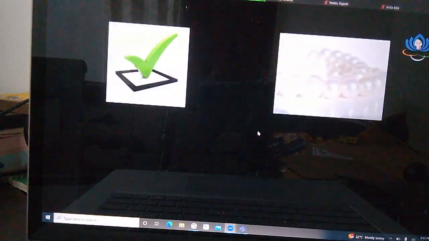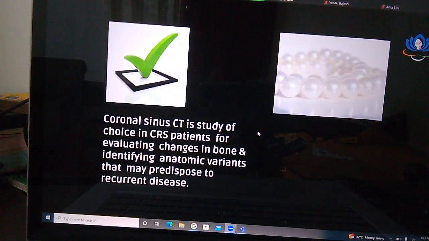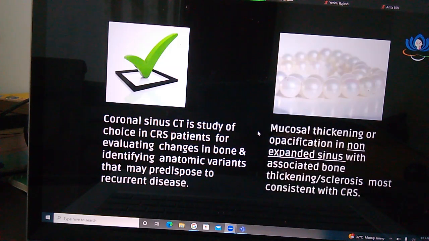The point to ponder: CT is the study of choice in CRS patients for evaluating changes in bone and identifying anatomical variants that may predispose to recurrent disease, which all of us know. Mucosal thickening or opacification in a non-expanded sinus with associated bone thickening and sclerosis is most consistent with CRS.